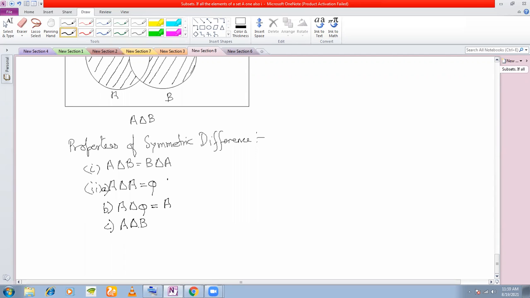A delta B is equal to a null set means we can write A is equal to B. So if you can show that A delta B is a null set, then you can say A is equal to B. And if A is equal to B, you can say A delta B is a null set. Both ways it will work.